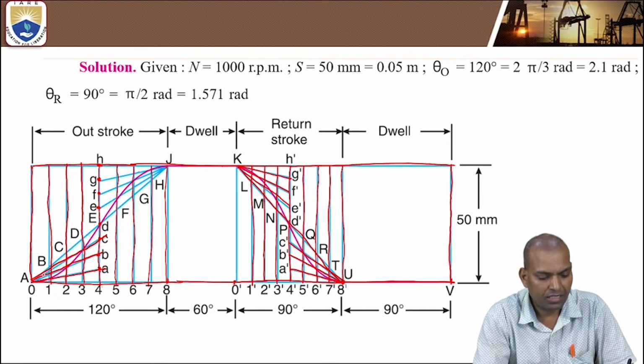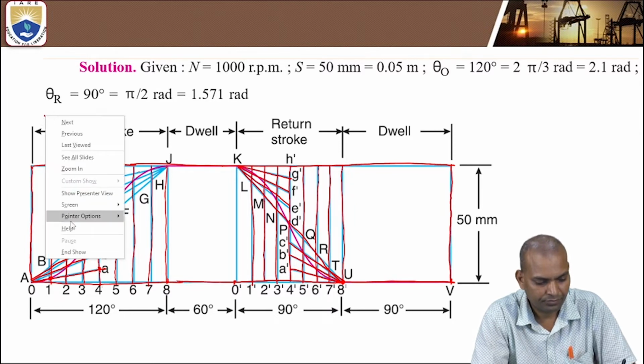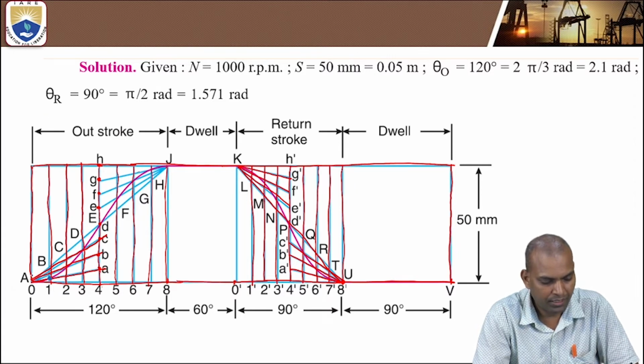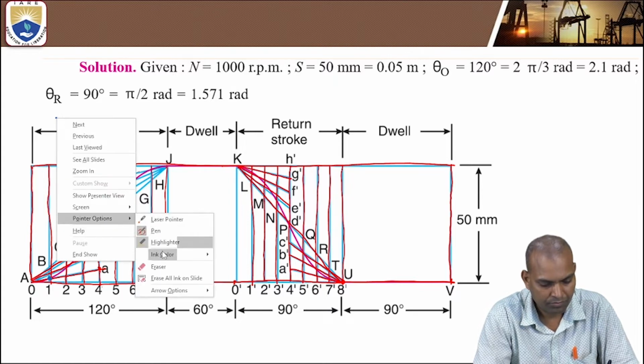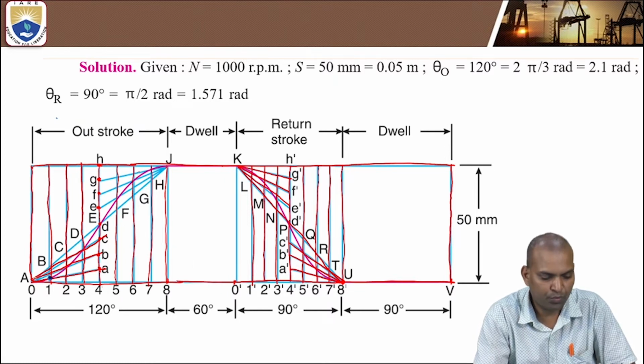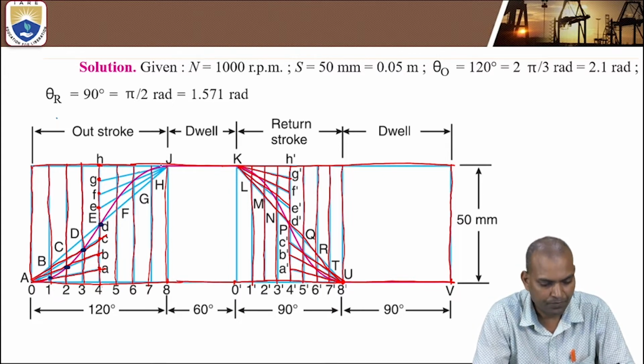Now these lines are dividing the vertical lines. Suppose AA is dividing the 1 at this point. This is the point A. A is divided, this is the point A, and A to B dividing the second line, and A to C dividing the third line, and A to D, this is next from bottom to top.